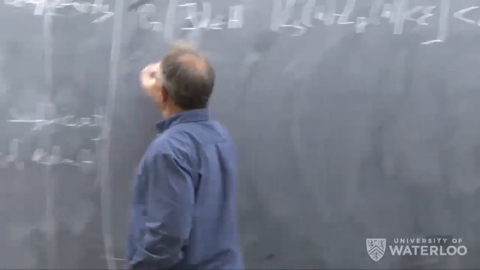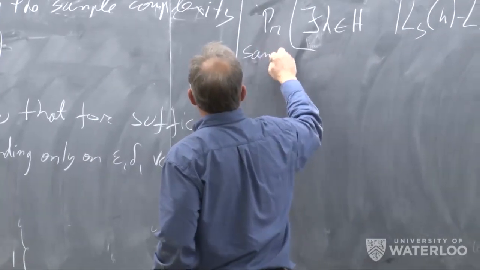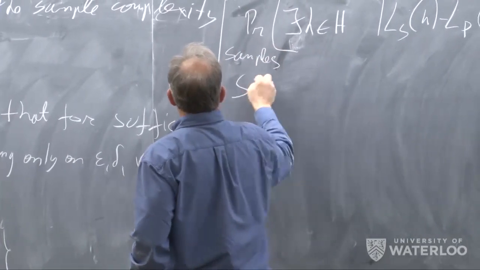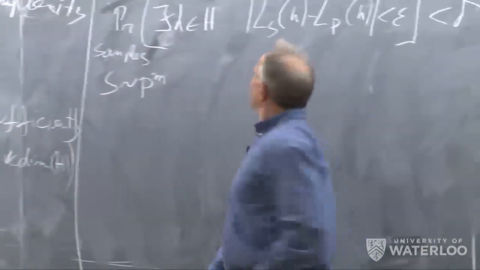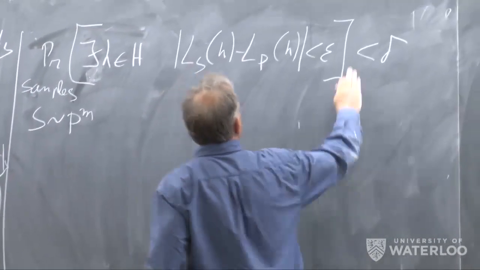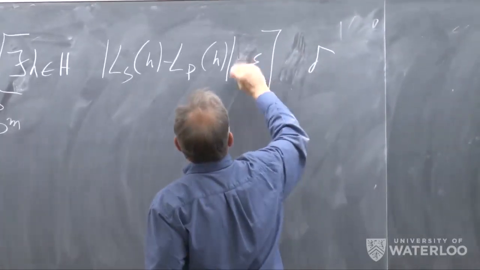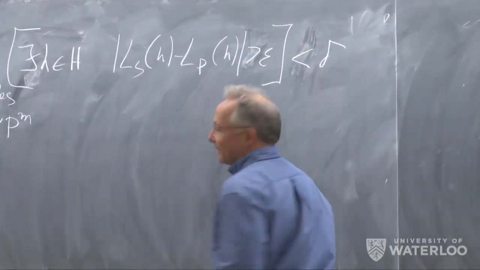And this probability is taken over all samples S coming from P to the M. This should be greater than epsilon, less than delta.